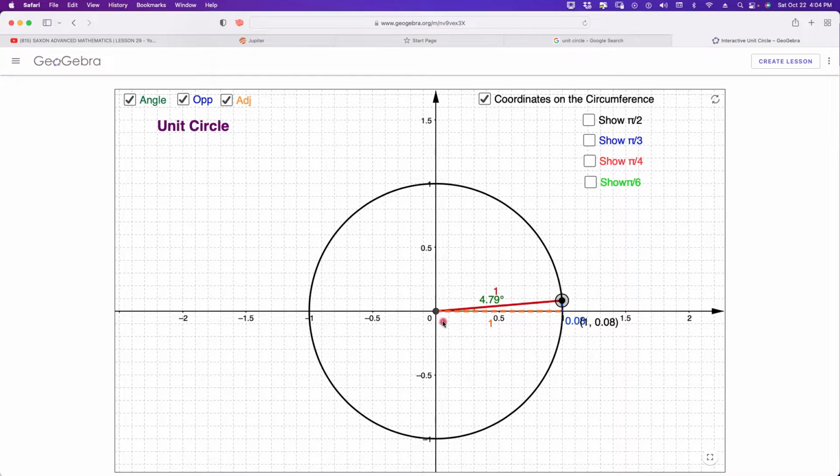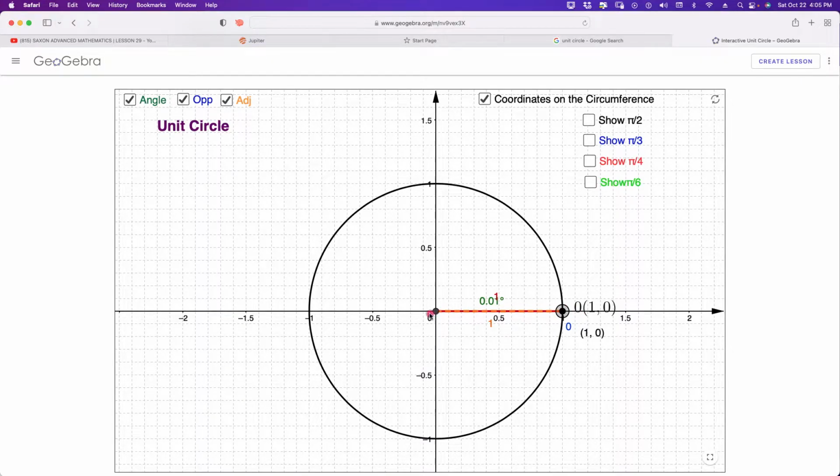The angle is always going to be near the origin, okay? So understanding that tells you that the hypotenuse is always 1. But when it is on the x-axis, then the adjacent side is going to be equal to 1. The opposite side is going to be 0. This is the opposite here.